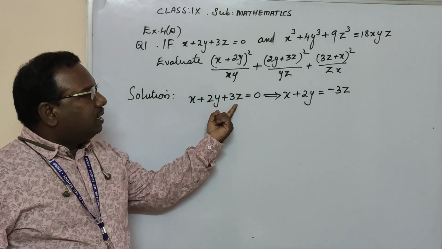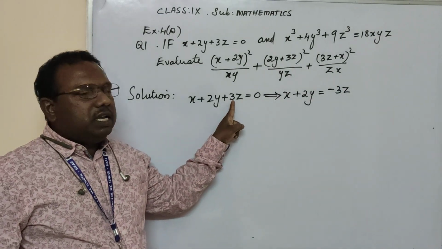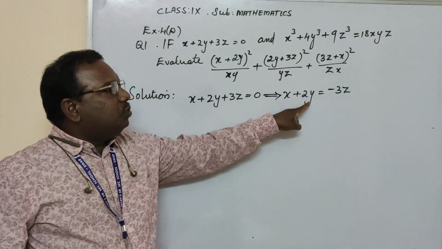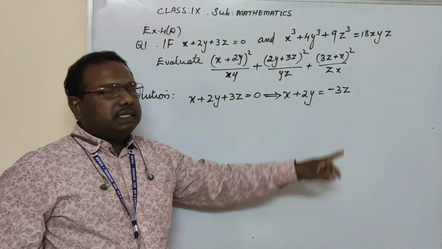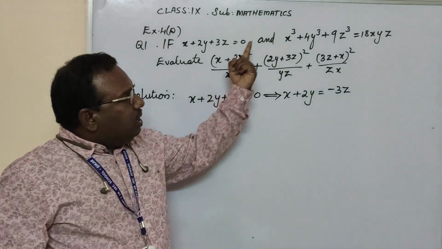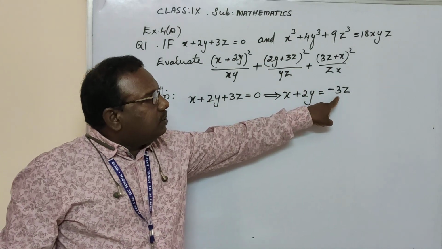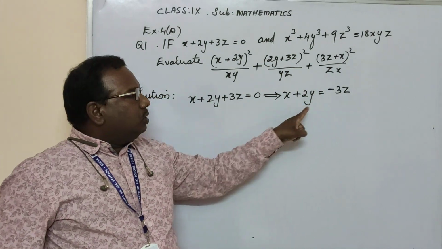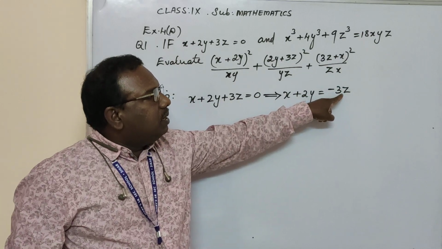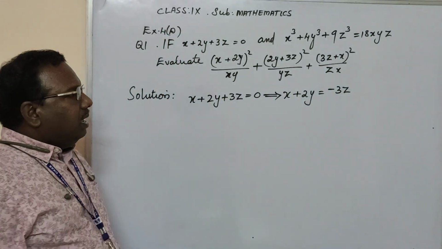We take this third term, 3z, to RHS. Here it is plus 3z. When it is taken to RHS, it becomes minus 3z. So we get x plus 2y is equal to minus 3z.